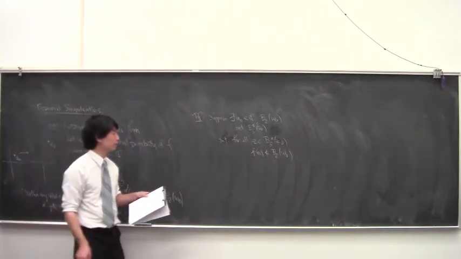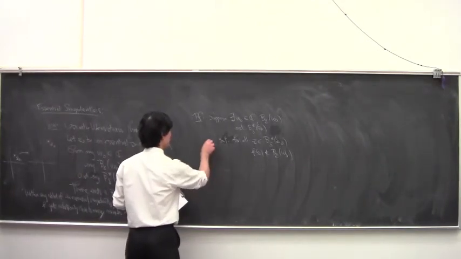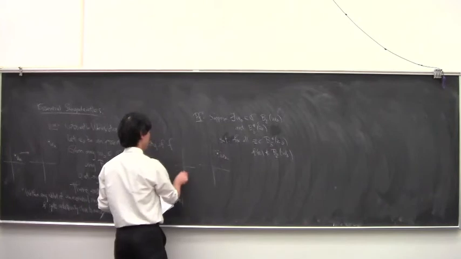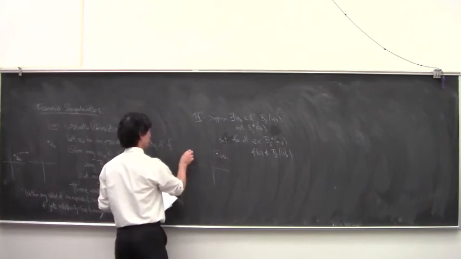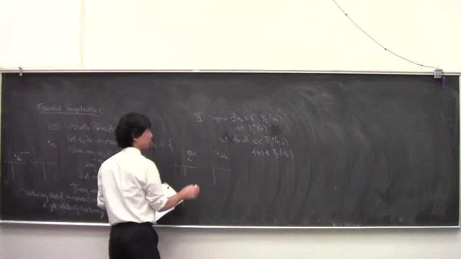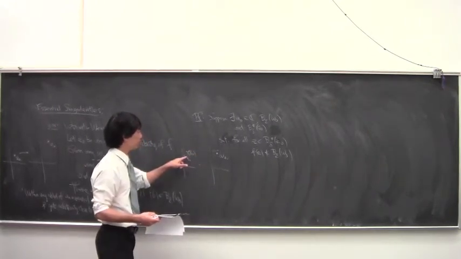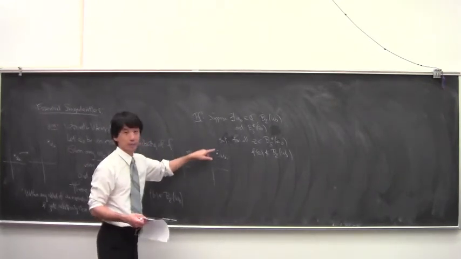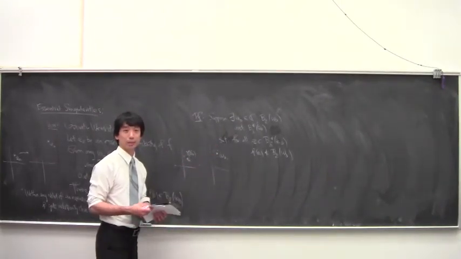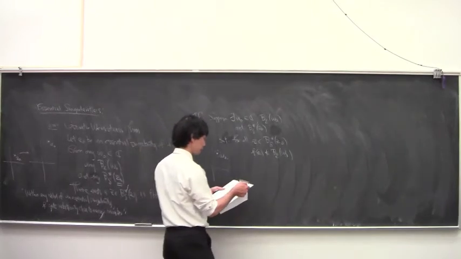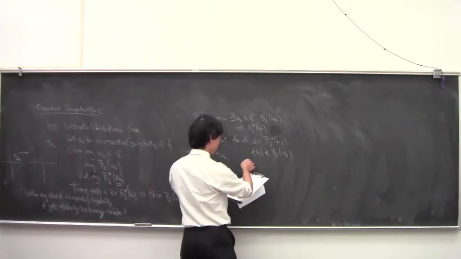Suppose that this fails, so that everybody in here maps outside the neighborhood. Nobody gets inside.